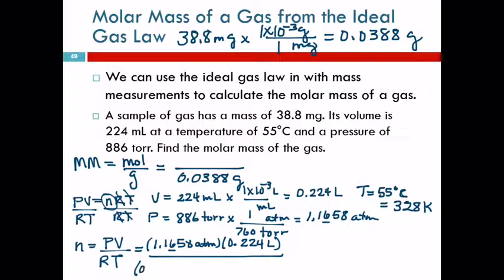R is always the same, 0.0821 liter-atmospheres per mole-Kelvin. And then the Kelvin temperature is 328 Kelvin. We got 2 numbers in the denominator. Be careful. 1.1658 times 0.224 divided by 0.0821 divided by 328.